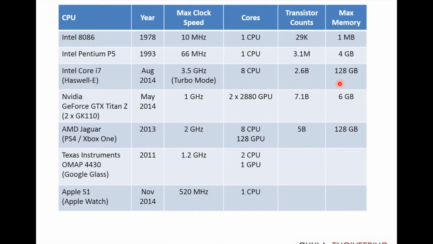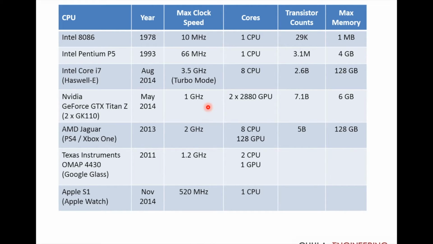The CPU is not only for general computation, just like those 3 CPUs I mentioned. There are some other types of CPU, for example, graphic processors or GPUs. For NVIDIA, 2 years ago they released the GTX Titan Series, which is basically 2 GPUs packed in one package. The NVIDIA GeForce GTX Titan Series has a maximum clock speed of about 1 gigahertz.